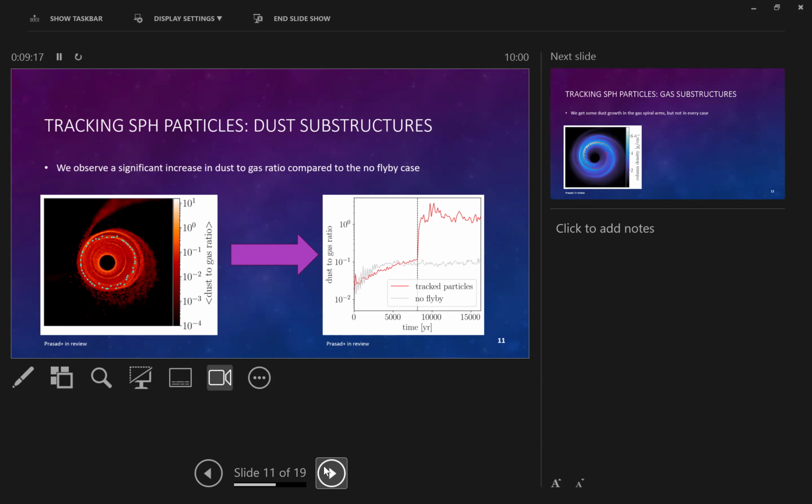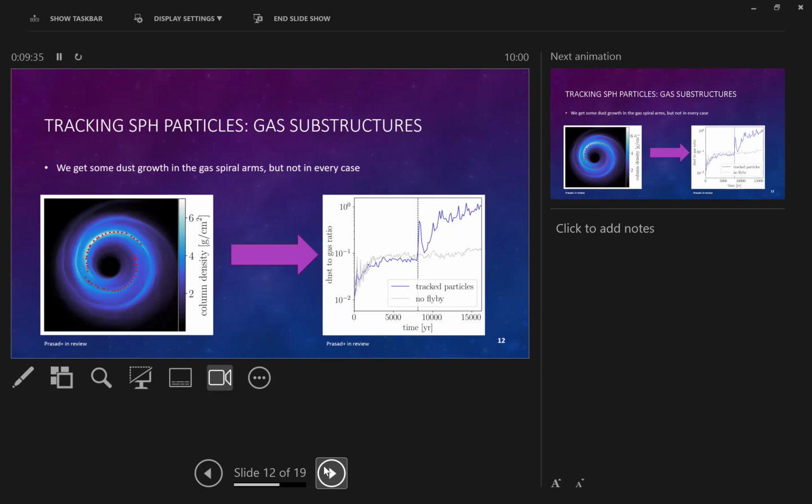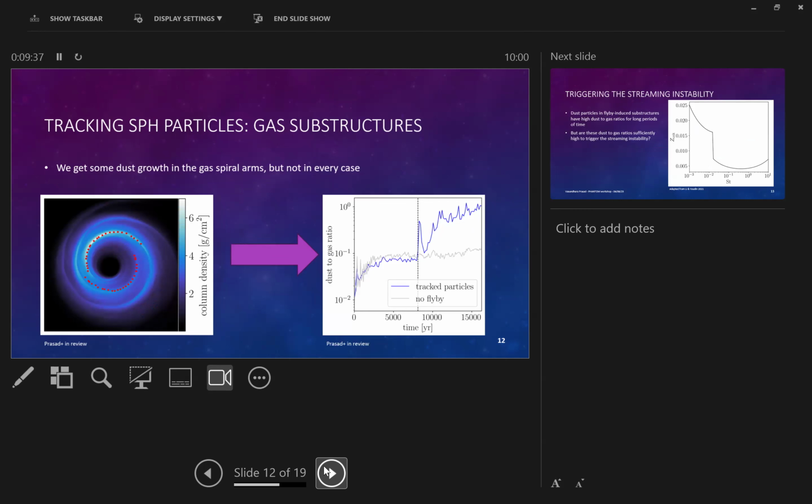What about the gas spiral arms? Are they as efficient at trapping dust? Well, we think probably not, considering that we saw those didn't last as long. So in some cases, we get dust growth in the gas spiral arms. So here's exactly the same simulation again, but looking at the gas spiral arms, and I've selected 50 different dust particles that are in those gas spiral arms. And we get some dust growth.